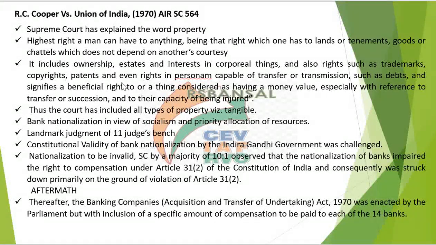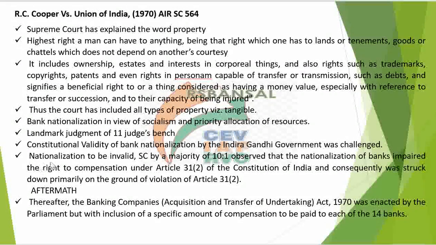One most important thing about this case law is bank nationalization in view of socialism and priority allocation of resources. It was a landmark judgment of 11 judges. The constitutional validity of bank nationalization by the Indira Gandhi government was challenged on the basis of this case.